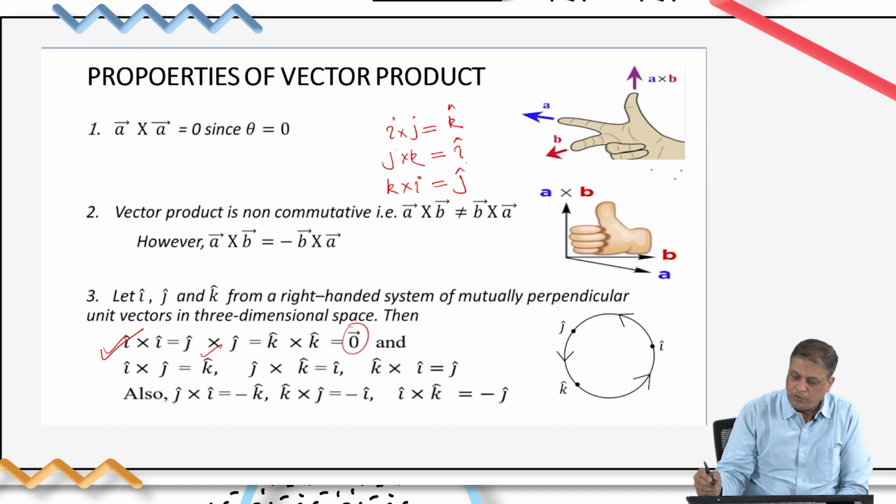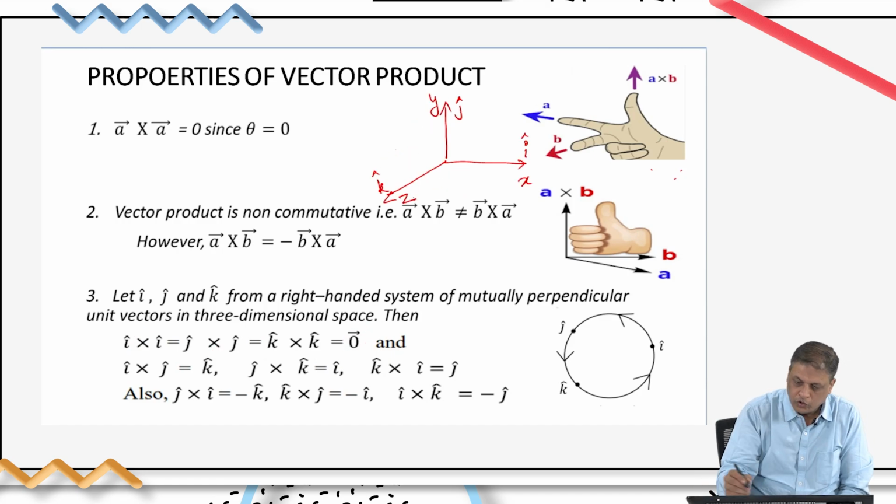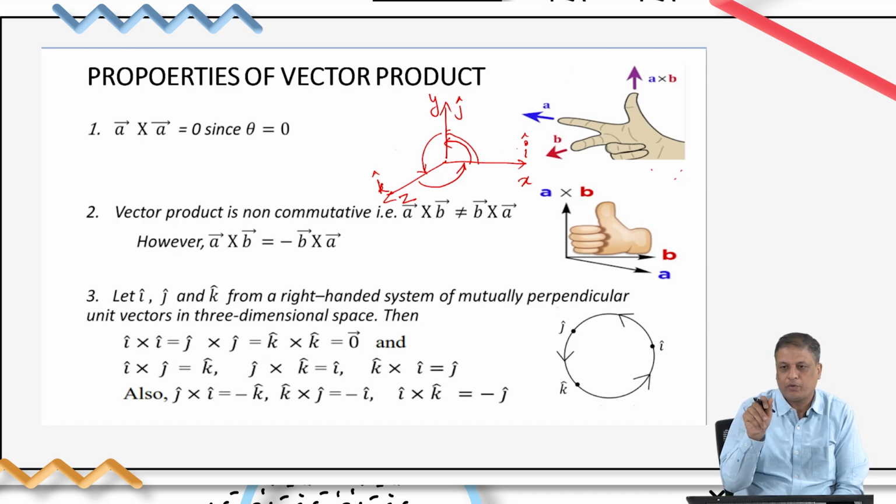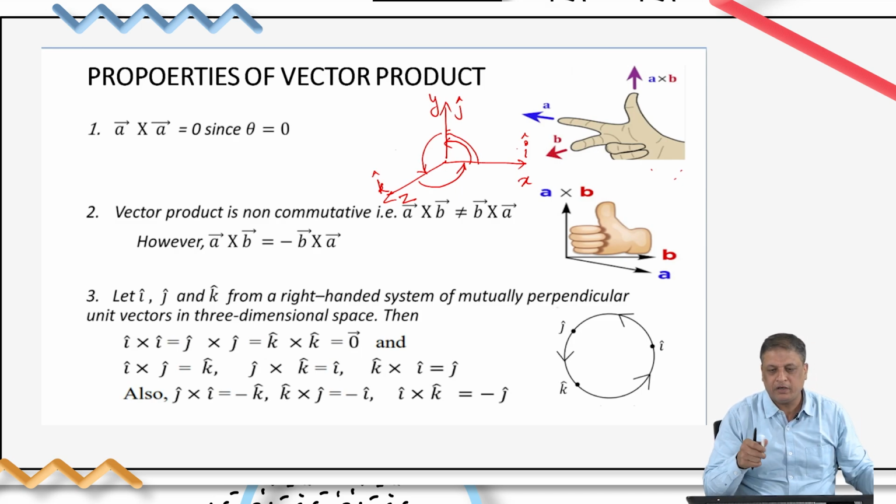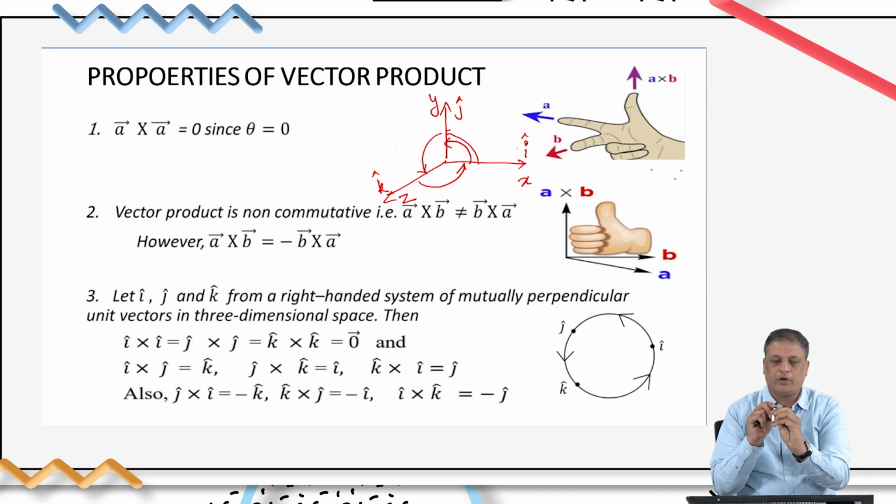Let me explain to you how. If we are moving in this direction, that is the anti-clockwise direction, we are moving from I to J. So what will be the outcome? If I refer to the pen and rotate the cap of the pen in an anti-clockwise direction, then the cap will move towards me.